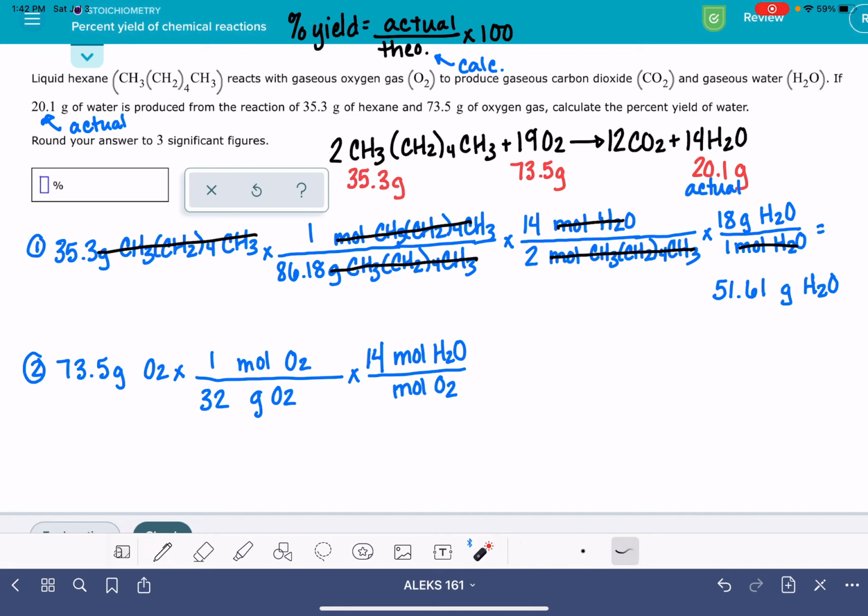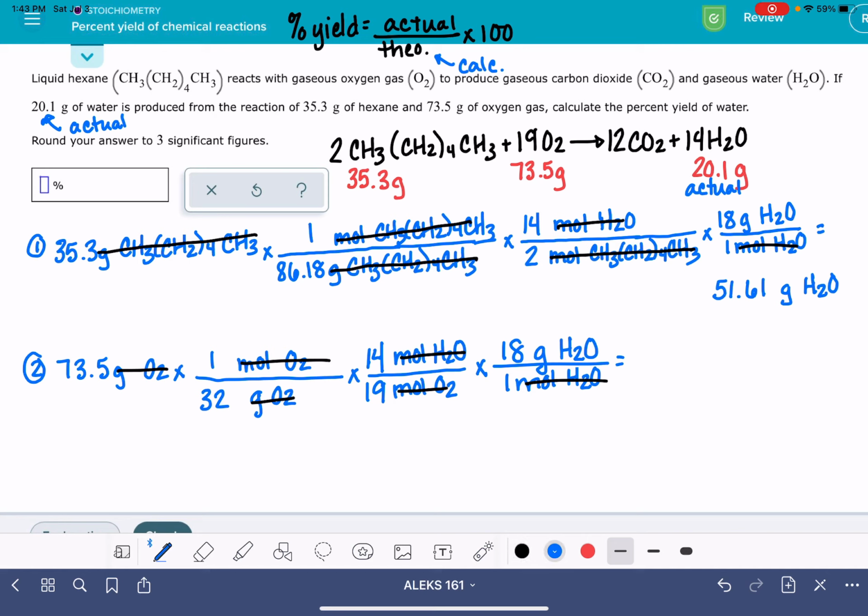My handwriting is kind of messy right now. 19 is the stoichiometric coefficient for the O2. And then the last step, we're going to convert from moles of O2 into moles of H2O into grams of H2O. 1 mole of H2O is 18 grams. Double check to make sure that the units will cancel themselves out correctly and do the math.